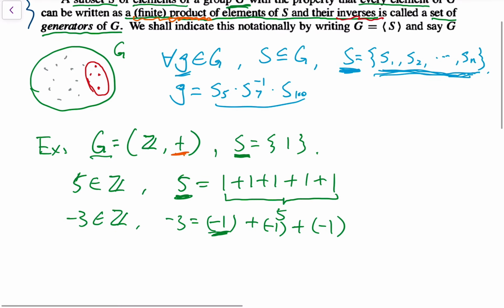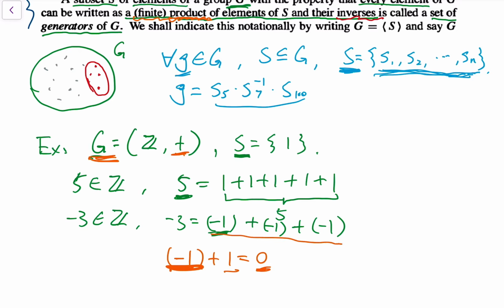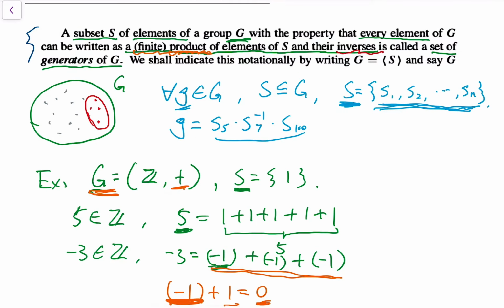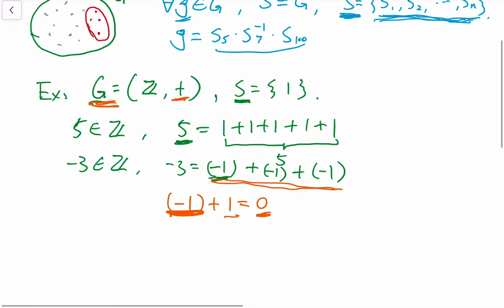Because -1 plus 1 equals 0, and 0 is the identity element of the group G of integers, so -1 is the inverse of 1. So the finite addition of the inverse of 1 is also a valid expression like we need in this definition. So -1 works as well.